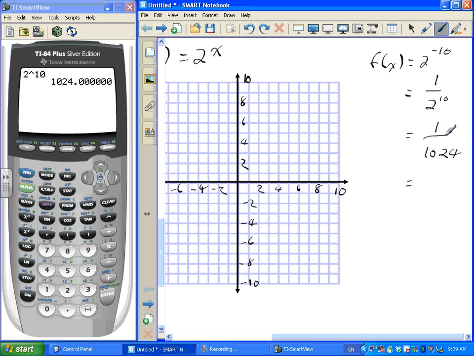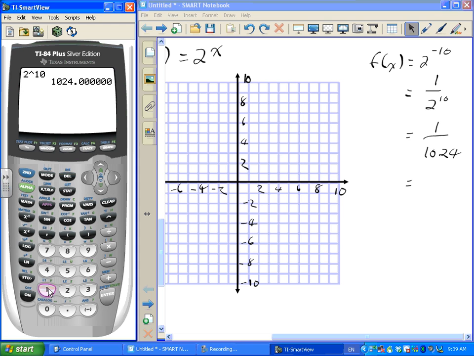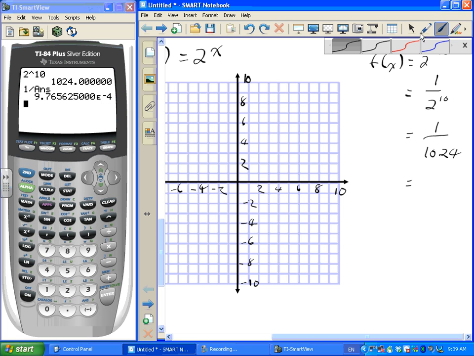I need to actually find what 1 divided by that is. So I'm going to take 1 divided by my answer from before, which equals 0.0009.